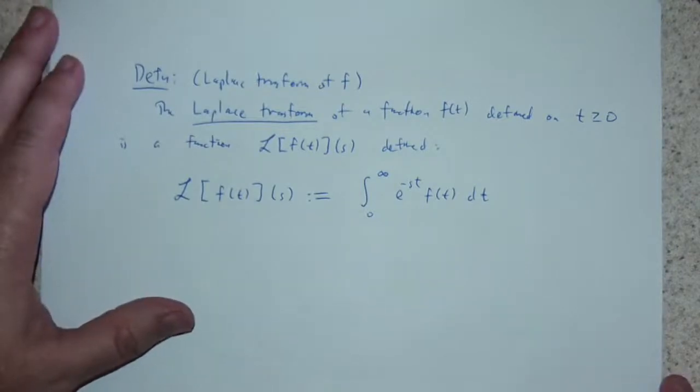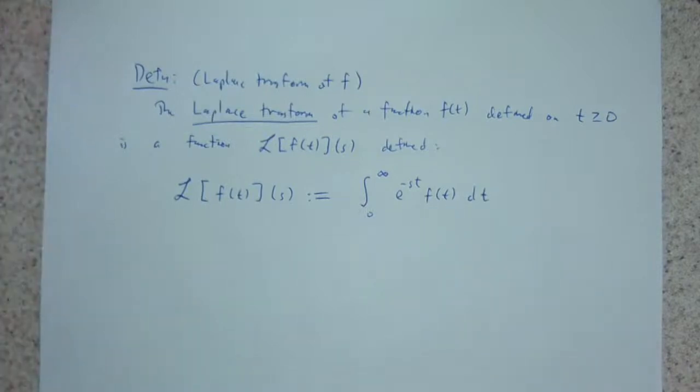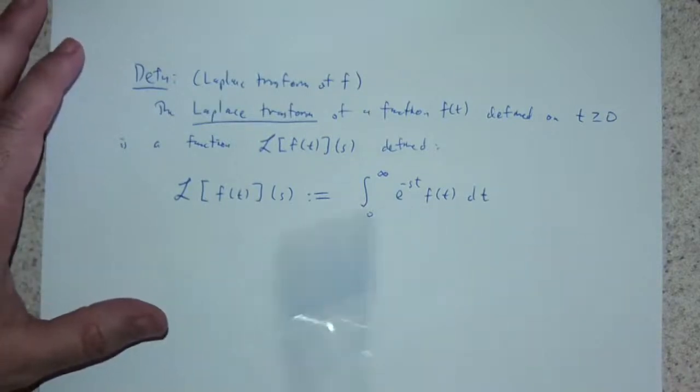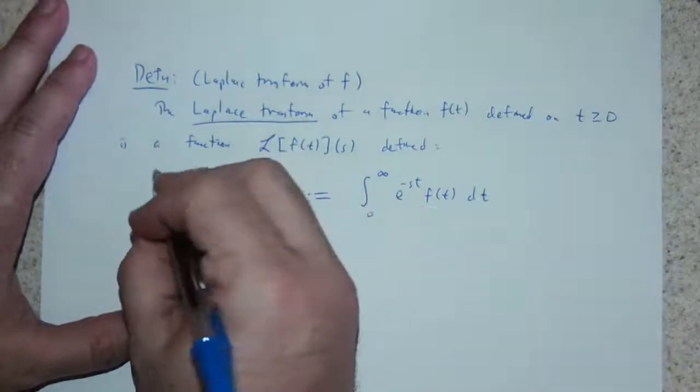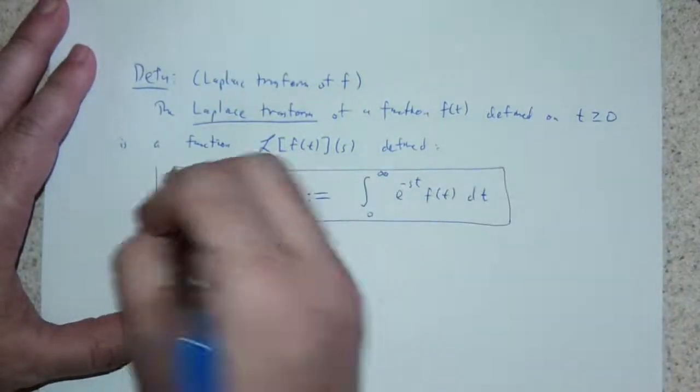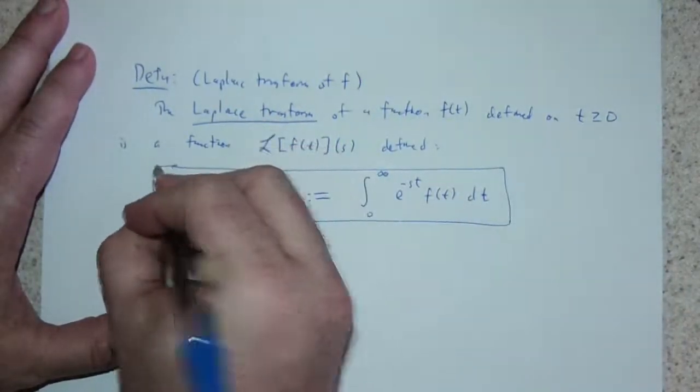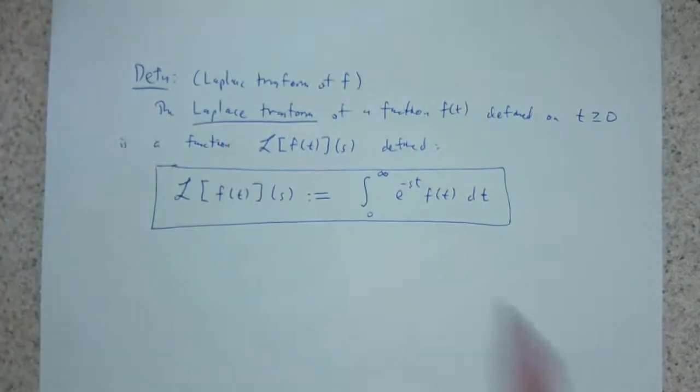All right. And so, if this is my definition, you may say, okay, well that's all well and good, but basically for every single function, I'm going to have to compute this thing using this integral. This is what I'm going to have to do.